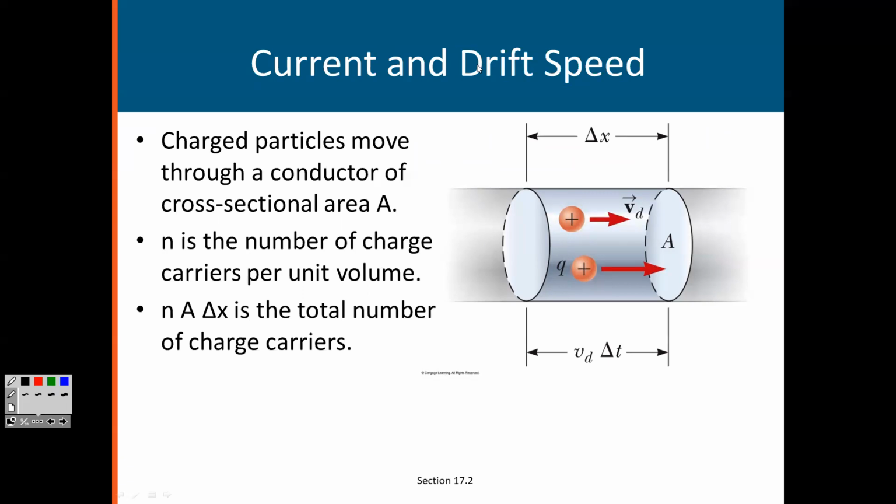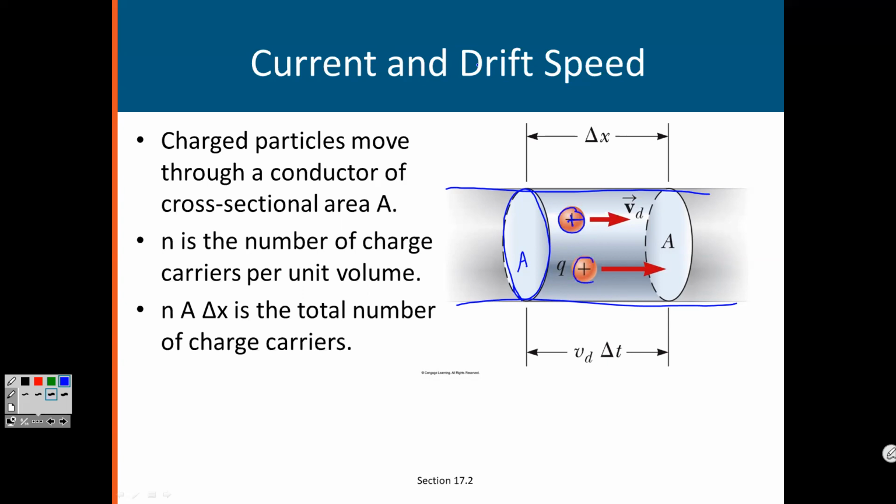To do that, we are looking at a cross-section of a conducting wire. Here we show an area, let's say the area is A, and through this area we are looking at charges flowing.